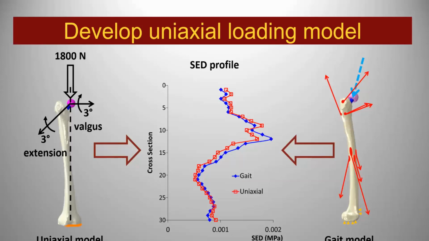Here you can see we optimized the magnitude of the uniaxial load as well as the femoral alignment so that the SED profile of the uniaxial model matched the gait loading FE model.